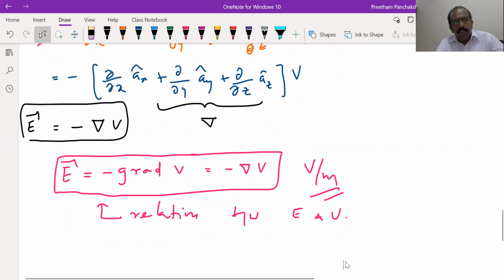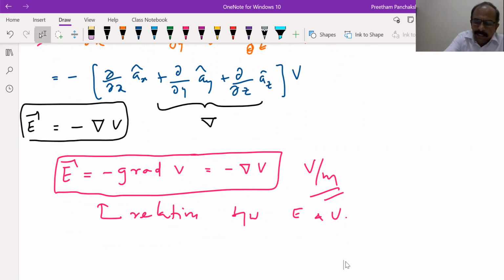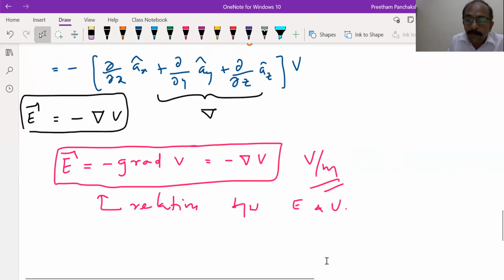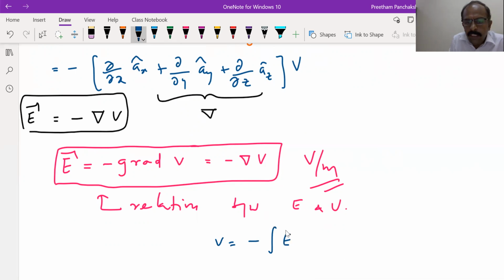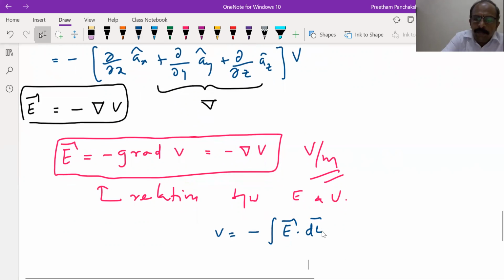Lastly, we can say that electric field is given by the differentiation of electric potential. In the very beginning, I told that electric potential is given by integration of electric field. So potential is the integral of field.